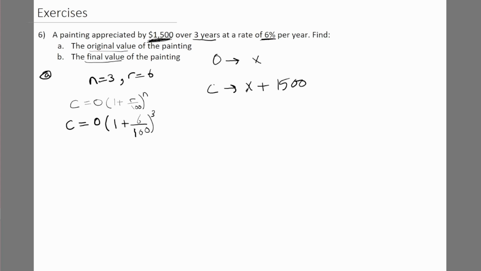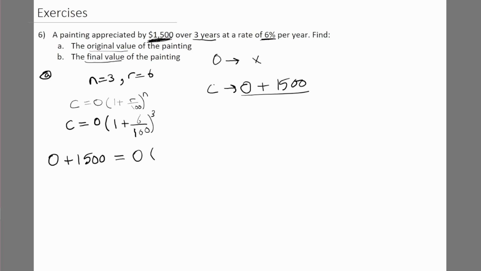So the current price will be the original plus 1,500. So I can replace current right here with O plus 1,500, which is equal to the original right here.